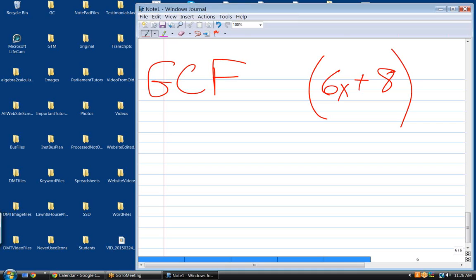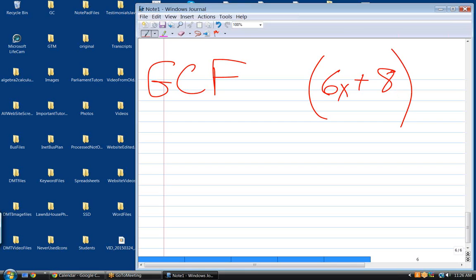We need to be able to take our greatest common factor and divide it into each of these terms and come up with a whole number. Does 6 work? Yeah. 6 goes into this one, but it doesn't go into this one. Oh. Does 4 work? 4 doesn't go into 6.